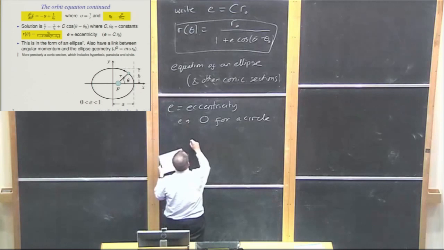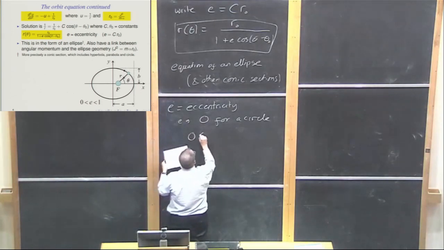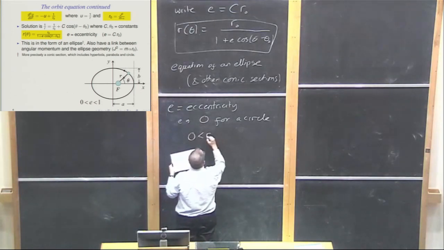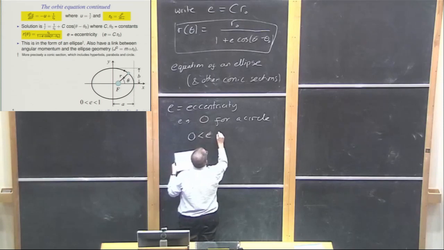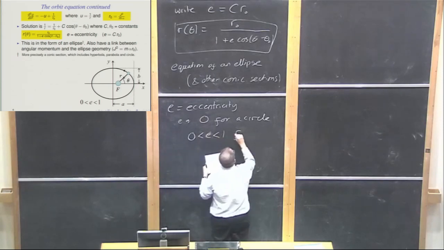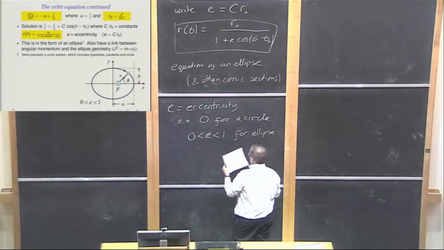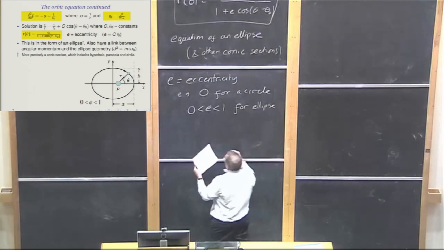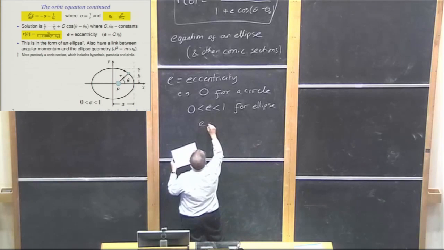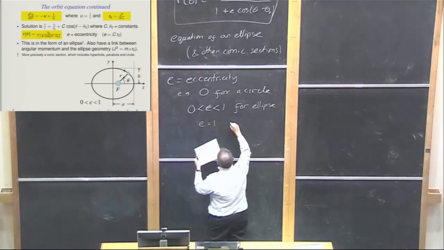But for an ellipse, the value of e will be between 0 and 1. Turns out that if e equals 1, that is a parabola.